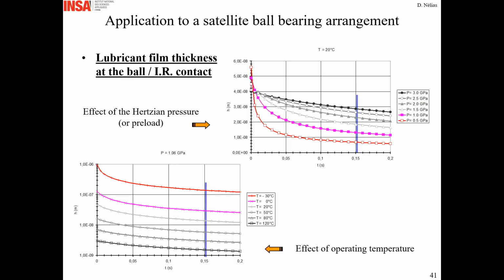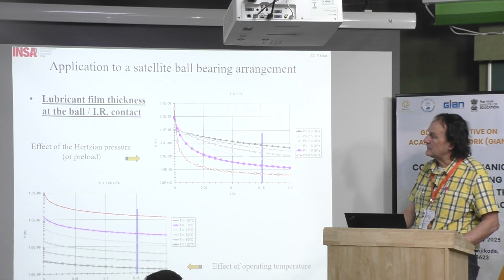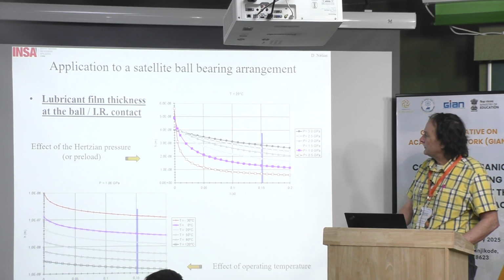But when we do this from Grubin's equation, if we increase the load in that equation, the film thickness decreases, the value that we are getting from that Excel sheet. So if we increase the load, the film thickness would decrease. But here it is opposite to that.